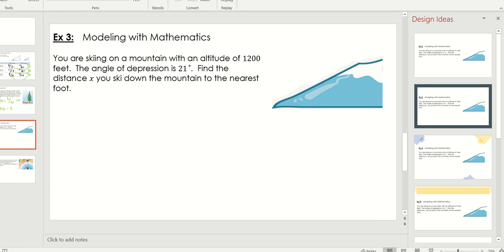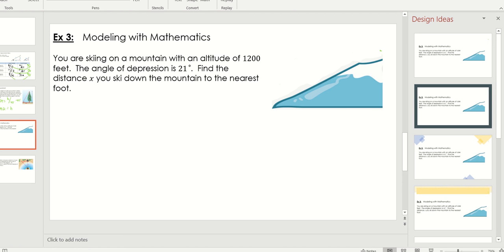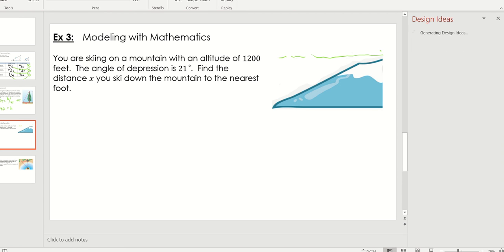So I'm skiing on a mountain with an altitude of 1,200 feet. The angle of depression is 21 degrees. Find the distance you ski down the mountain to the nearest foot. So angle of depression is this angle here. So if this angle is 21, alternate interior angles say this angle is also 21.